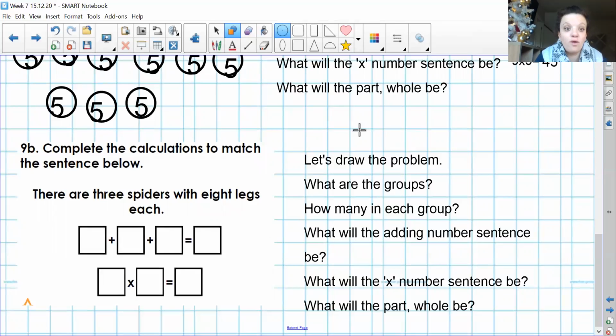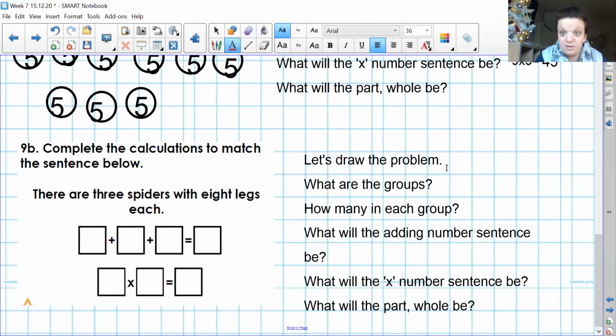Okay, well done. So we've got 3 spiders, so that's how many groups we have, because that's how many have got something in them, how many we've got of a group of. So we've got 3 groups of spiders, and they've each got inside their group 8 legs. So our add-in number sentence is going to be 8, that's 1 spider, add another 8 from the other spider, add another 8 from the final spider.